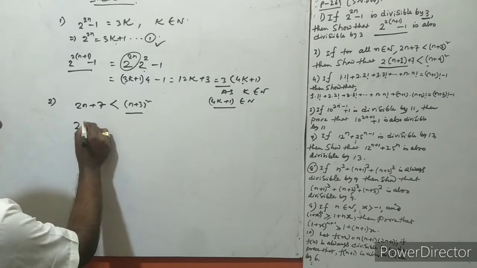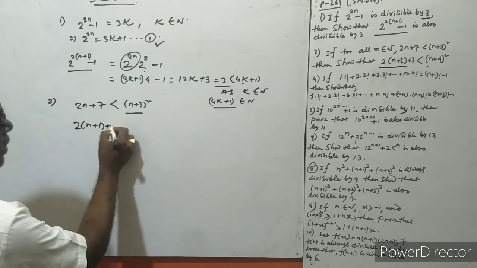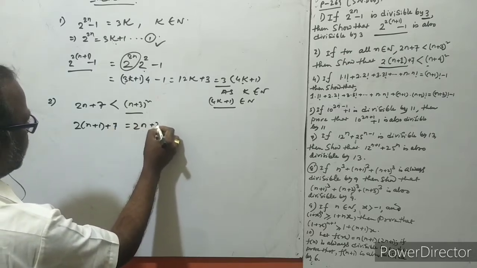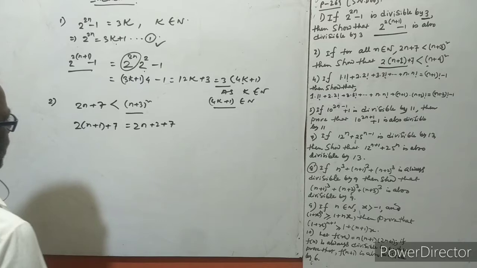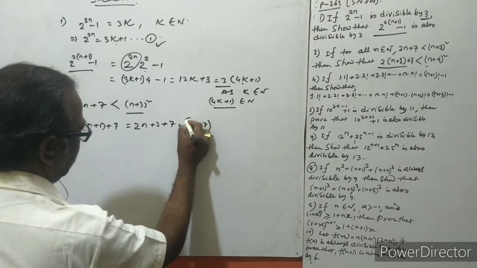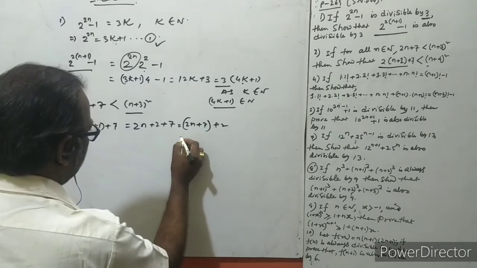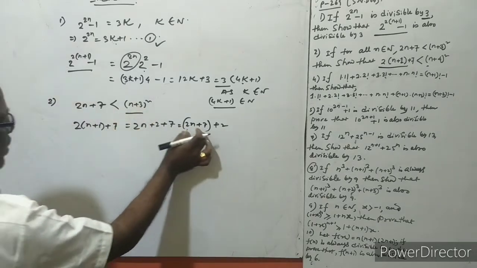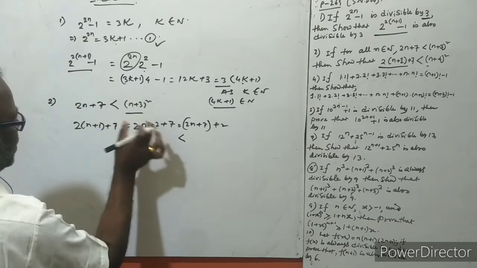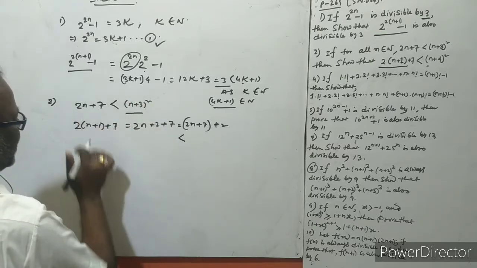Now the left hand side is 2n plus 2 plus 7, that is 2n plus 7 plus 2, and this value is more than 2n plus 7.